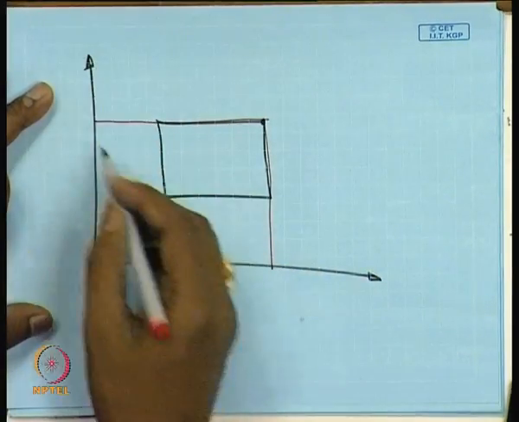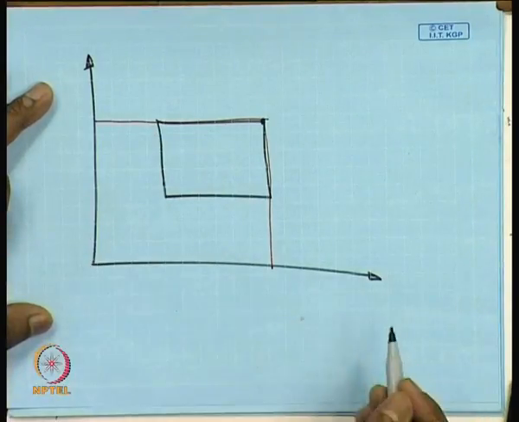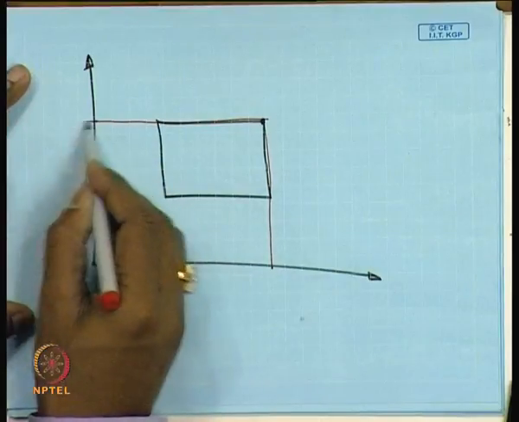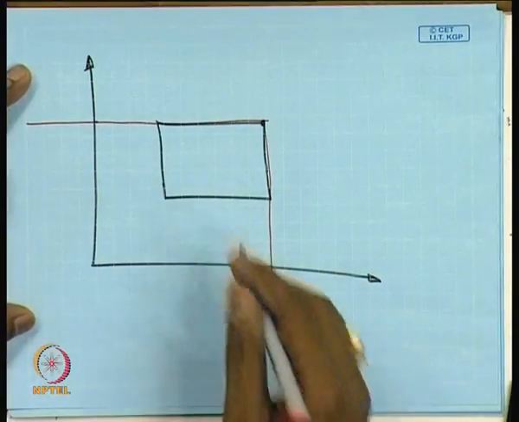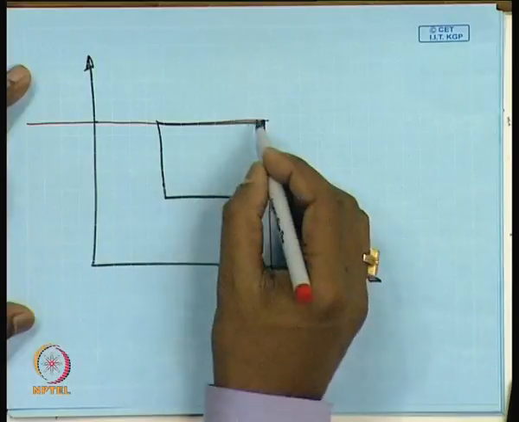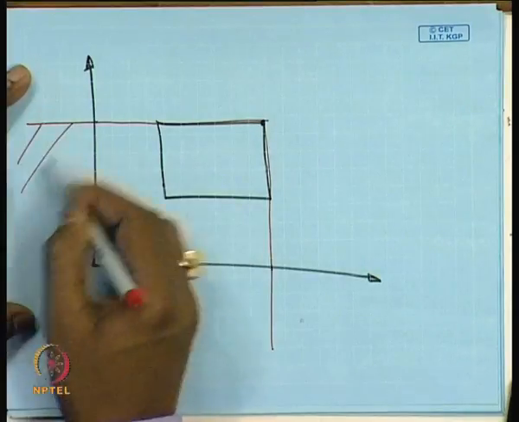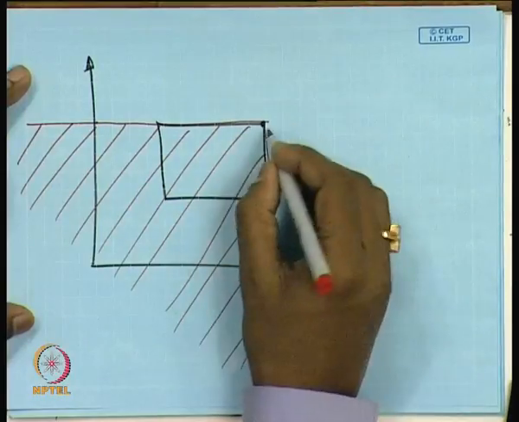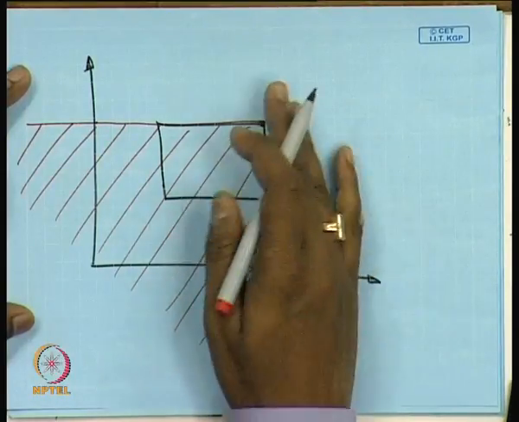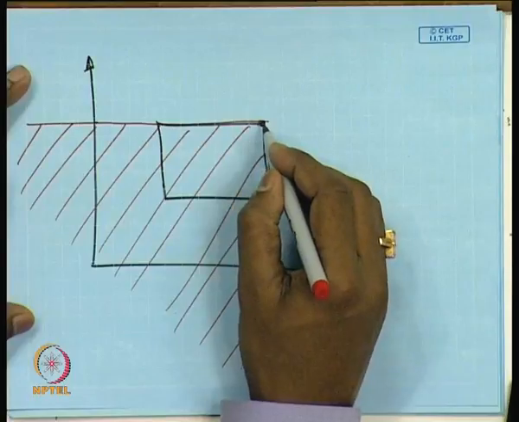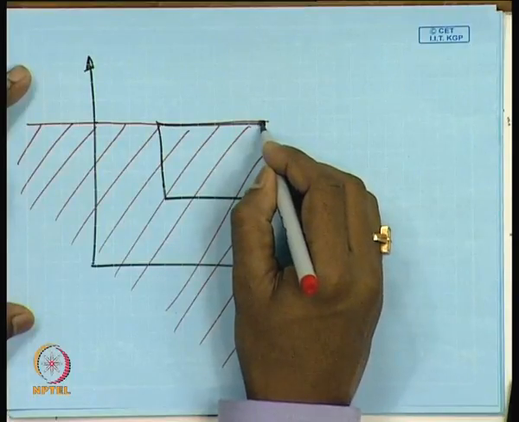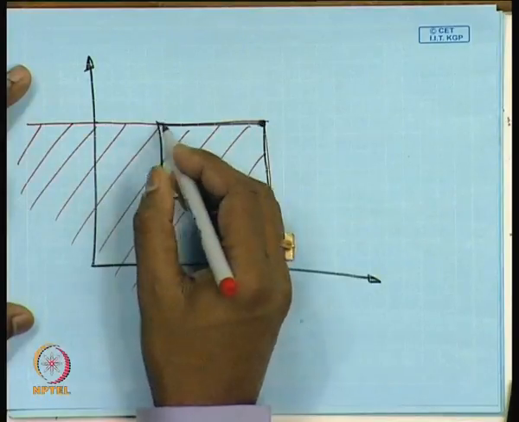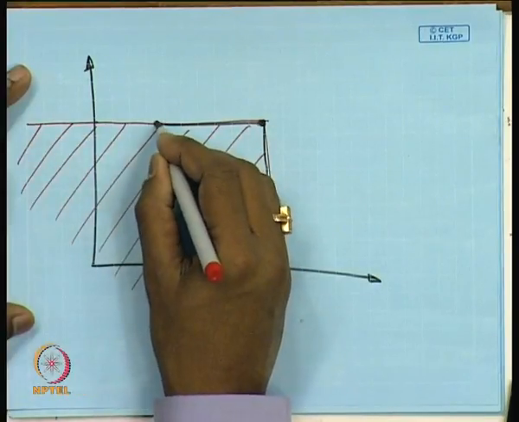Suppose this is the left extreme of the random variable, or I can even say minus infinity. Then I first take the full area up to this point, the total volume up to this point. Now to get only this rectangular area, I have to deduct this area first.